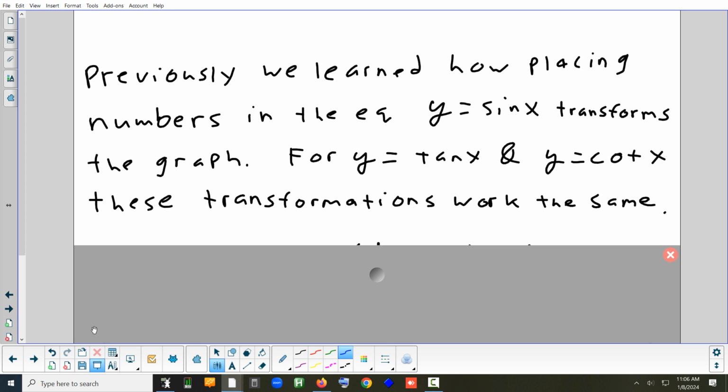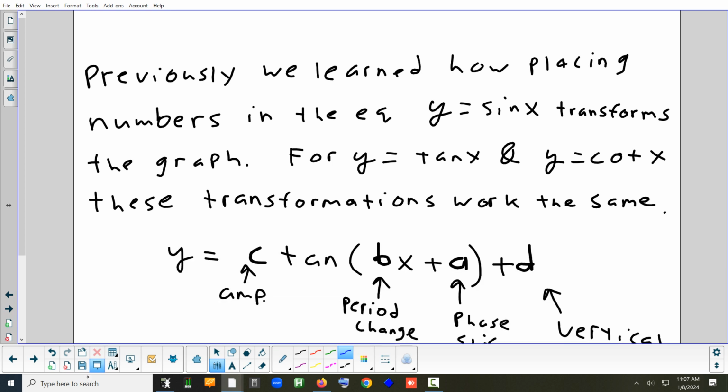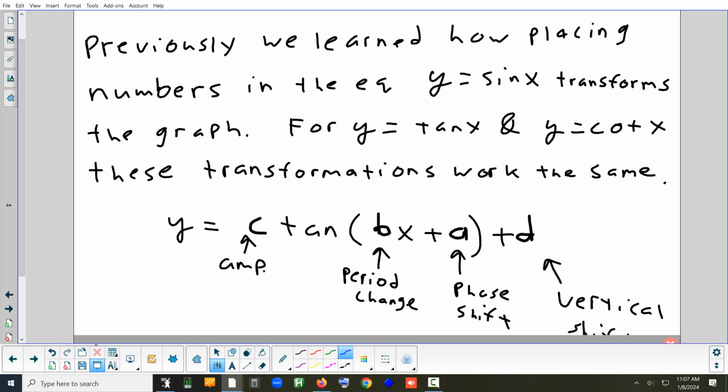All right, so we've done this so many times at this point, right? Transformations work exactly the same with tangent as they do with sine and cosine. Hopefully, again, I didn't plan on going through them all again. We'll do an example. I guess I'll put that on the board in case you need it. But you can replace this function with any trig function: sine, cosine, tangent, secant, cosecant. Doesn't matter.